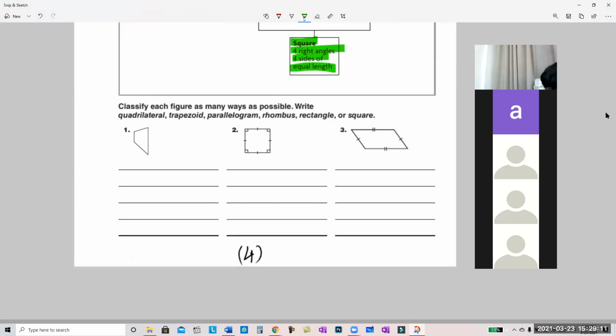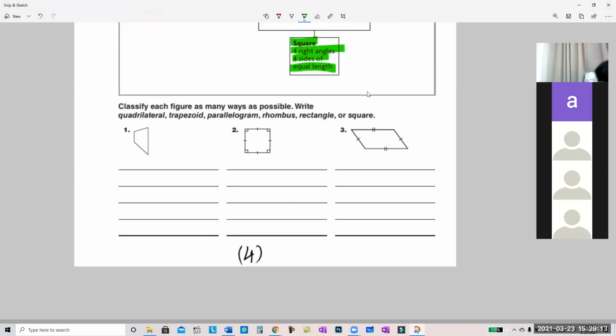Yeah, I'm here. Okay, so what is the name of the first one? The first one is quadrilateral. Okay, that's the first thing because it has four sides. Can you give me another name for it?